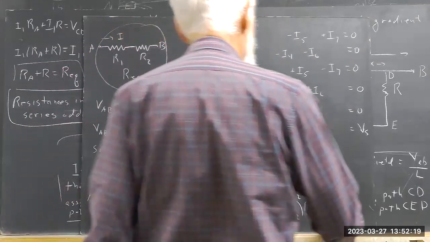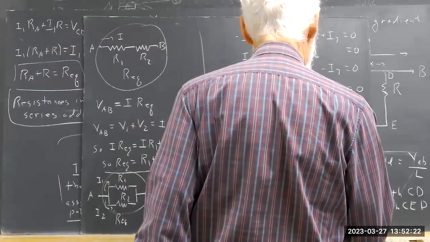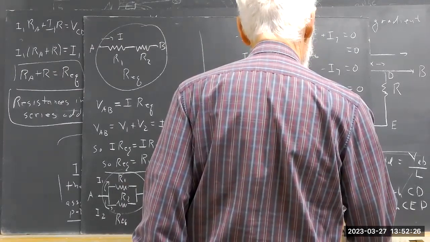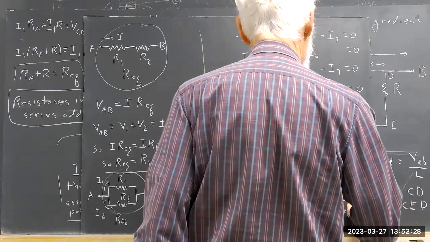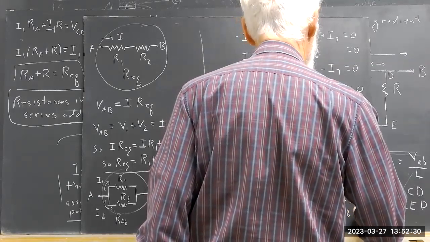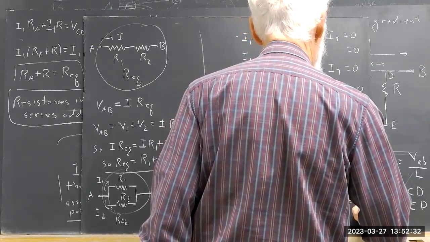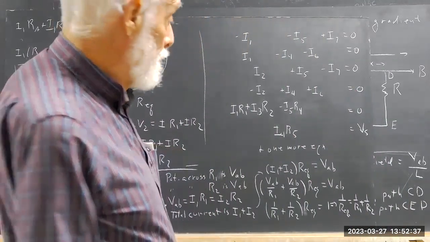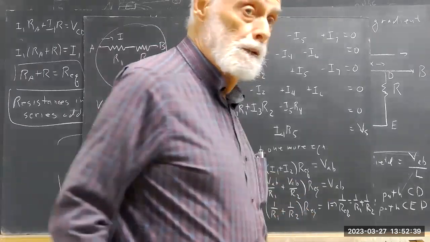So that R equivalent is the reciprocal of that sum. And there's your rule for parallel resistance.